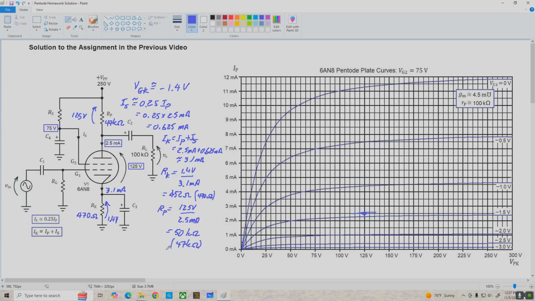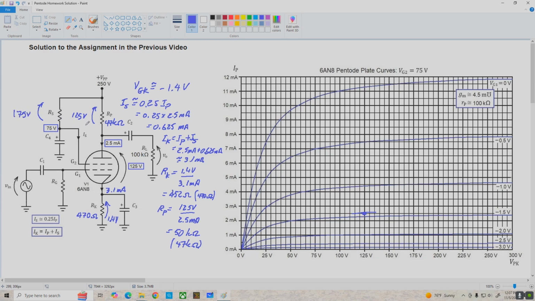Okay, next let's determine the value of RS, our screen grid resistor. We're after a screen bias voltage of 75 volts, so that means that we're going to have a drop across RS of 250 volts minus 75, which is 175 volts.